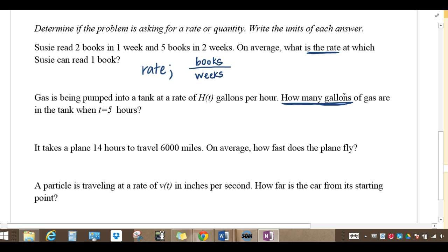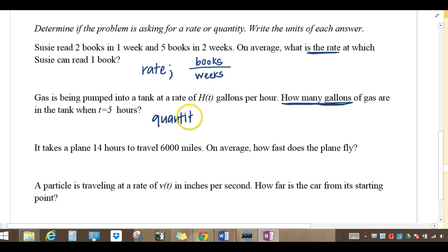I'm not being asked for a rate. I'm being asked for a quantity. How many gallons? My final answer should be something like 10 gallons or 20 gallons, which is not a rate, because a rate would have to be a ratio. So this problem is asking us for a quantity.